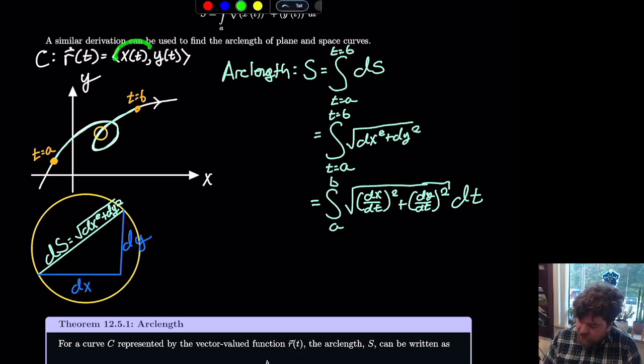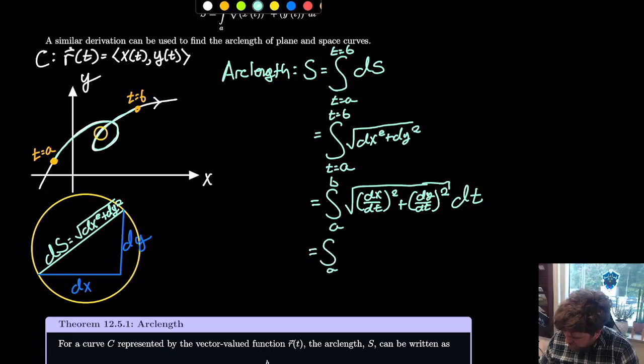We got those all the way back in the definition of our curve. So we could actually take this one step further and write this as the integral from a to b of the square root of x prime of t quantity squared plus y prime of t quantity squared dt.